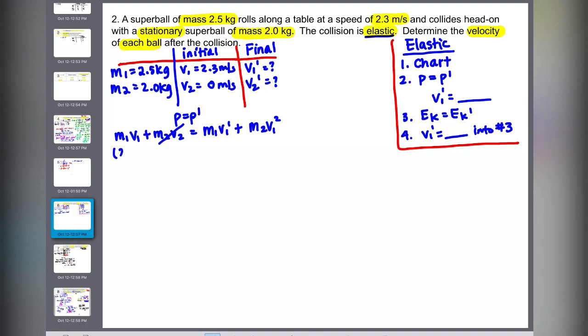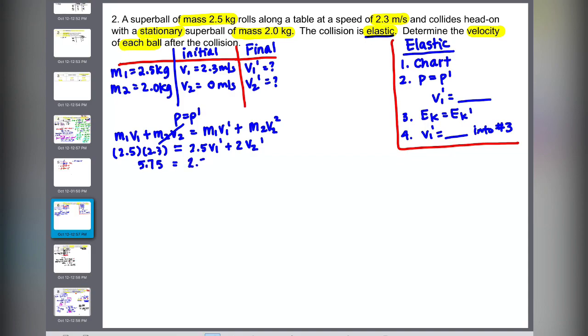So plug in what I know. 2.5 times v1, which is 2.3, equals 2.5 v1 prime plus 2 v2 prime. Okay, so plug in your number. 2.5 times 2.3 is 5.75.